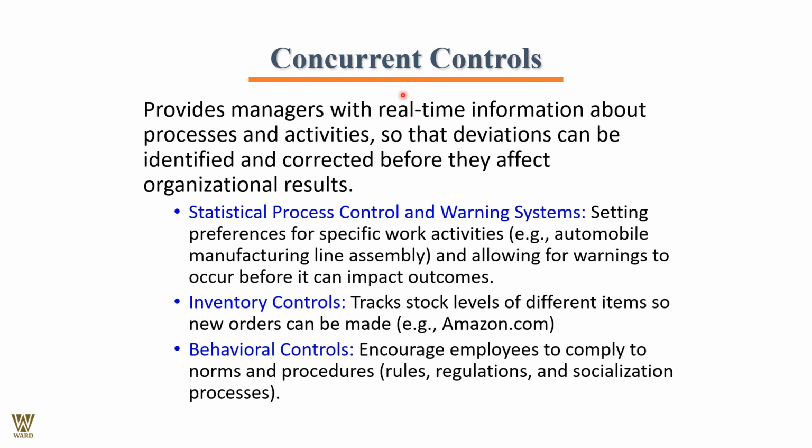Then come the concurrent controls. Probably the last slide of the day, providing the managers with real-time information about the process, about the activity, so that any deviation can be monitored, corrected, and immediately attended to. So SPC or warning system, statistical process control, the Six Sigma that we talk about, setting preference to specific work activities. For example, automobile assembly in a line manufacturing, allowing warnings to occur before they can impact the outcomes.